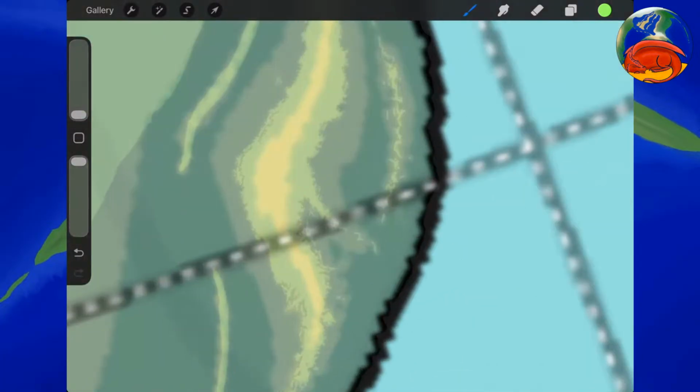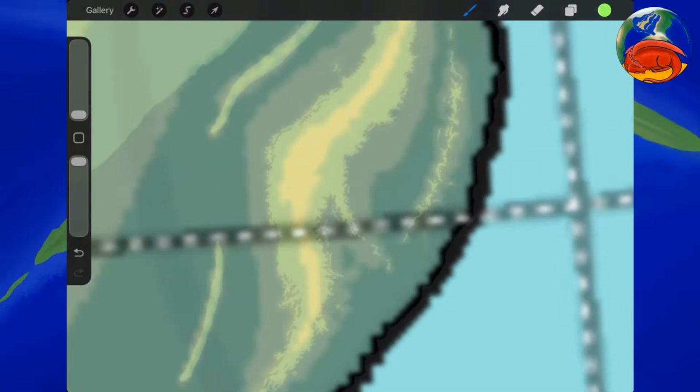How are we looking? Okay, just this little area here then.